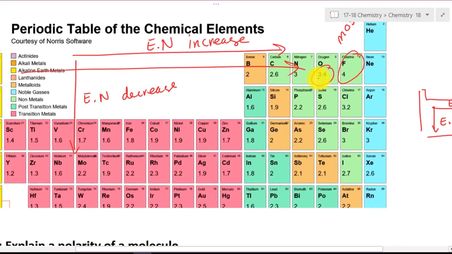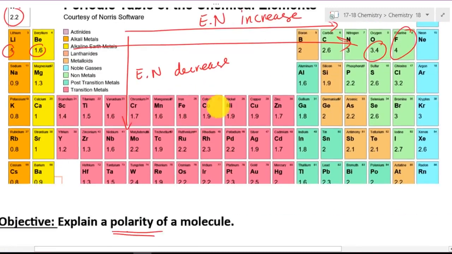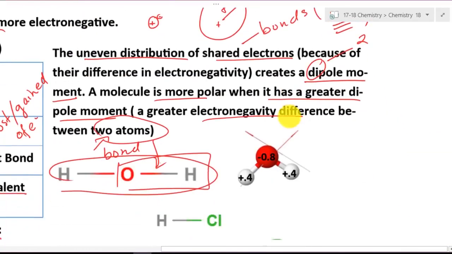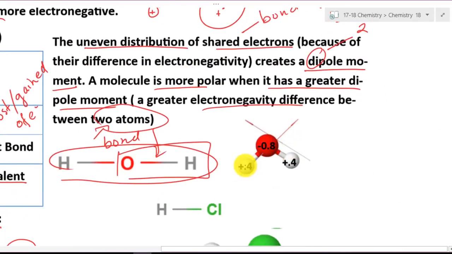Which one has greater strength in terms of pulling the electron? Of course, oxygen, 3.4 versus 2.2, and that's the reason why, in this molecule, the oxygen has a greater strength in pulling the electron. And if you are pulling the electron toward you, of course you have a negative charge, and the hydrogen would not have the electron most of the time, and that's why it has a positive charge.